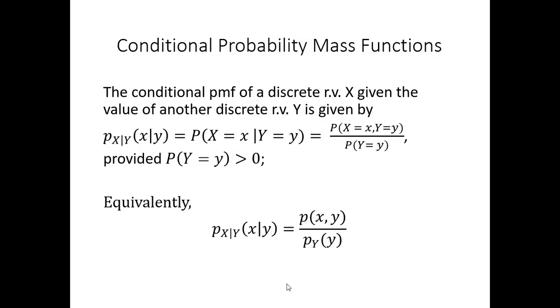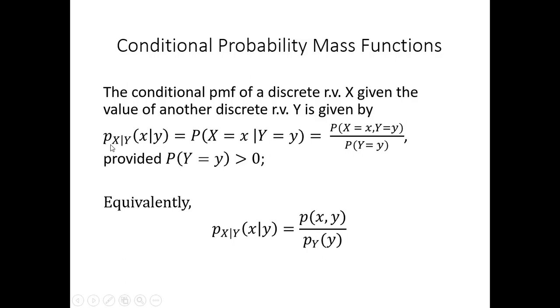Now, the last important piece of this section is the idea of a conditional probability mass function. The conditional PMF of a discrete random variable x given the value of another discrete random variable y is given by, well, here's our notation.